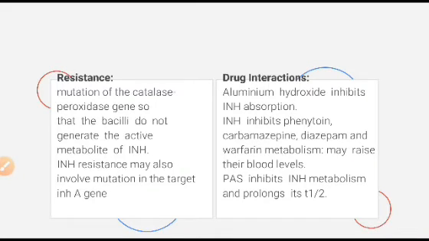Here it is also found that INH is prone to resistance. So what is the mechanism of resistance behind this? Mutation of the catalase peroxidase gene, so that the bacilli do not generate the active metabolite of INH.